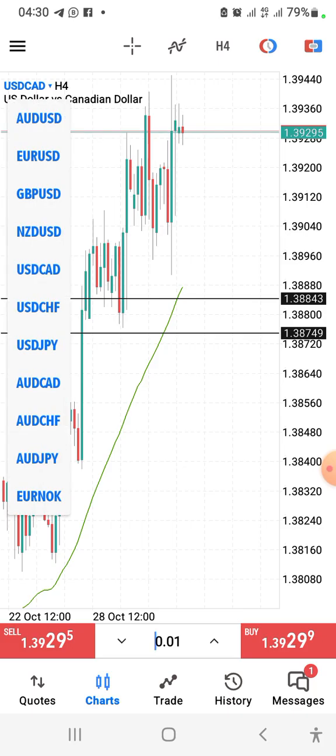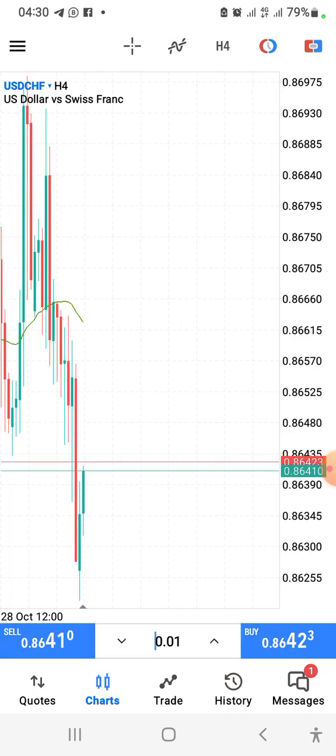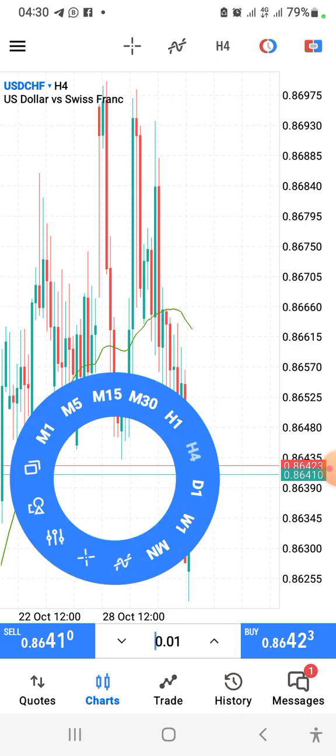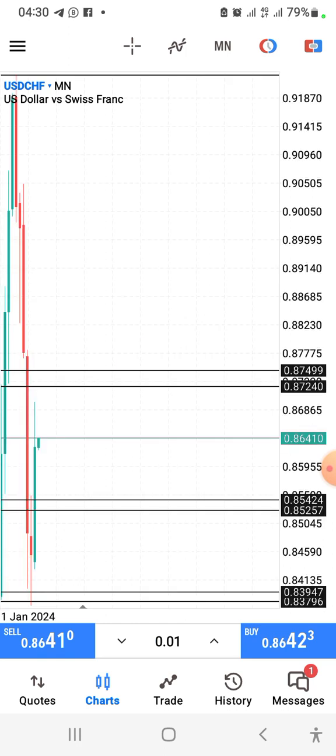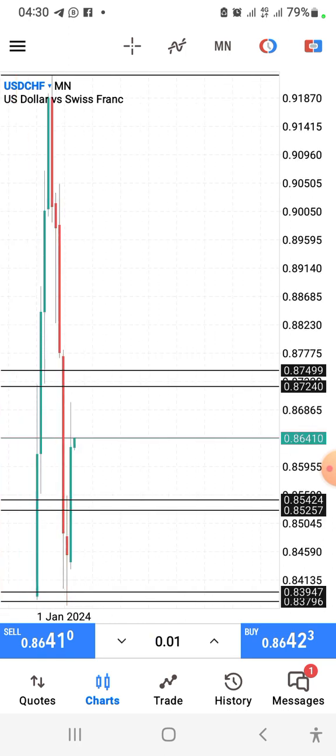Now let's check USD Switzerland francs. Let's check the monthly to see if it will give us a signal to either buy or sell. In trading, we have two actions we take. You either buy or you sell. So if you are going to buy, you look at the level where you have to buy.